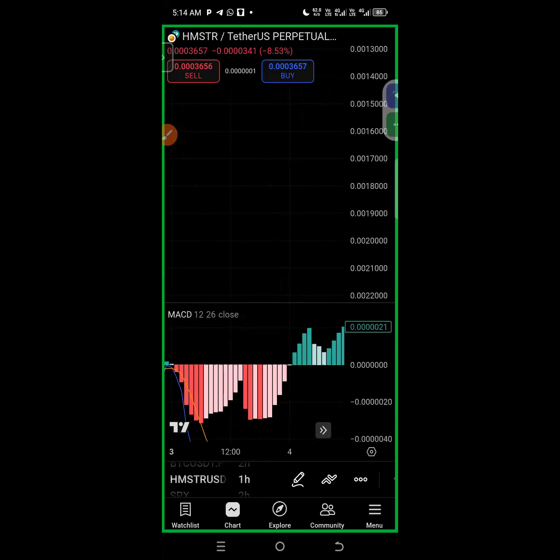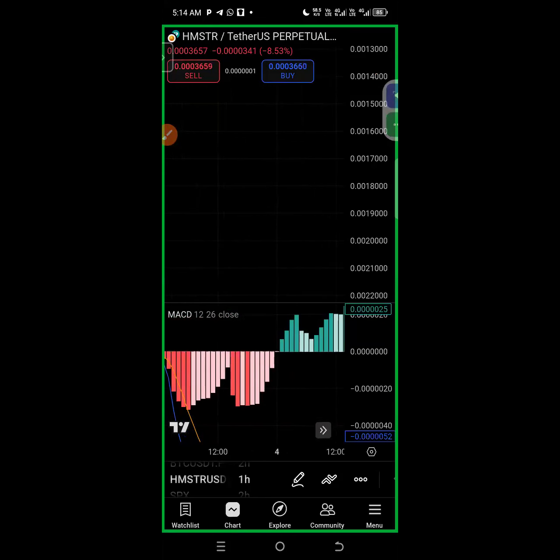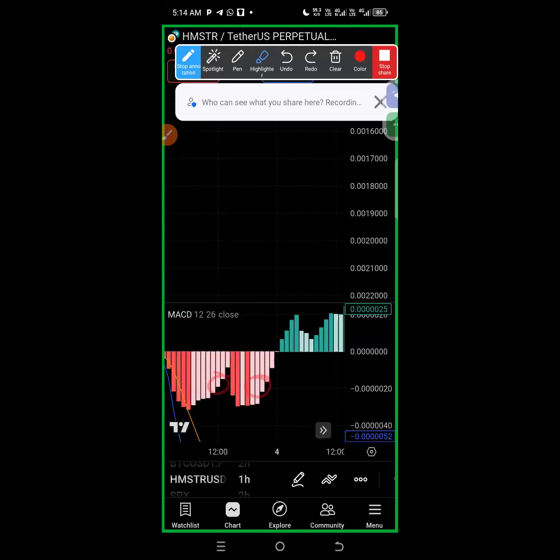Let me bold it so that you can see. The graph that you see here is what we term the histogram.